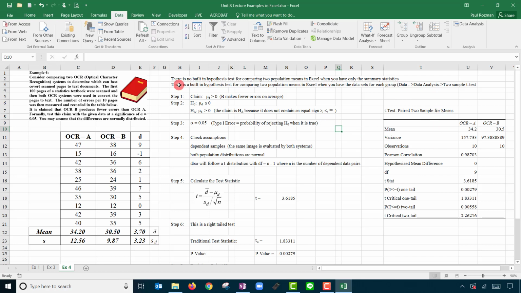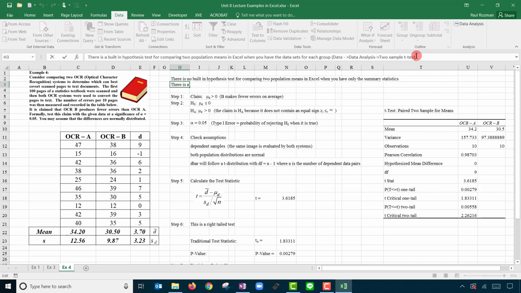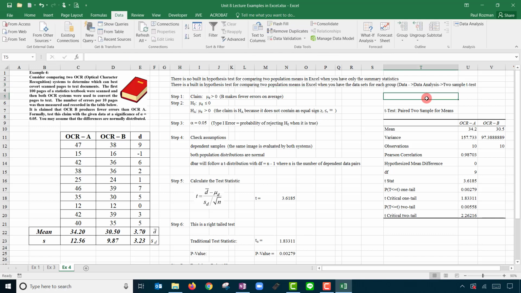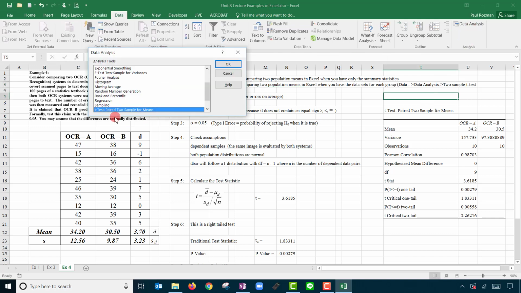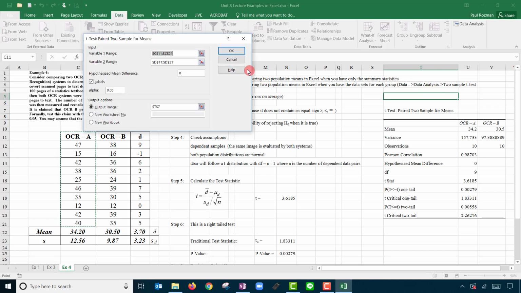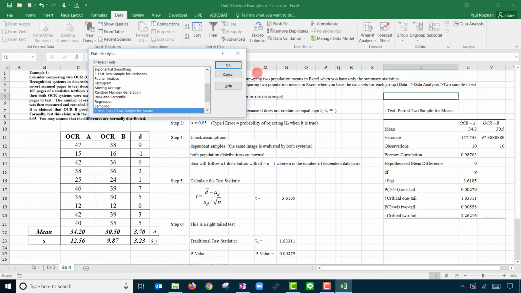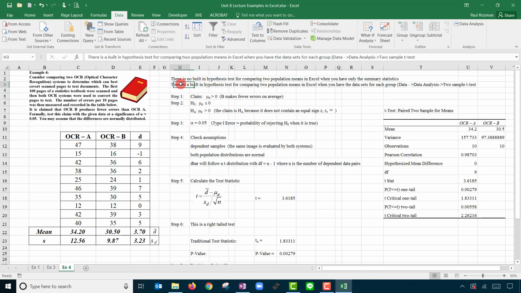And I'm going to edit this to say, what was it called? T-test paired sample means.